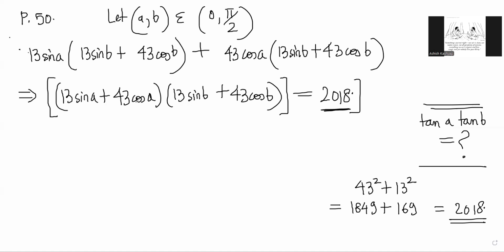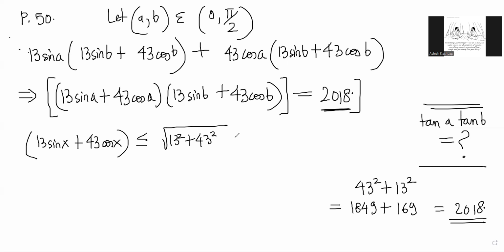Okay, I'll tell you what to do. We will look at an expression like this, 13 sin x plus 43 cos x. By Cauchy's inequality, we will say that this is less than or equal to root of 13 square plus 43 square times root of sin square x plus cos square x, right?